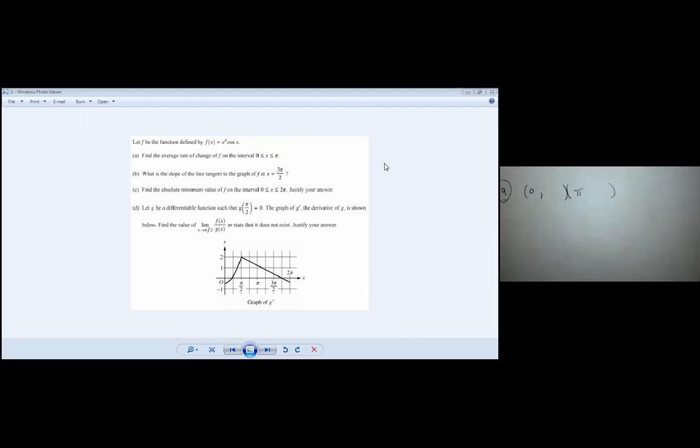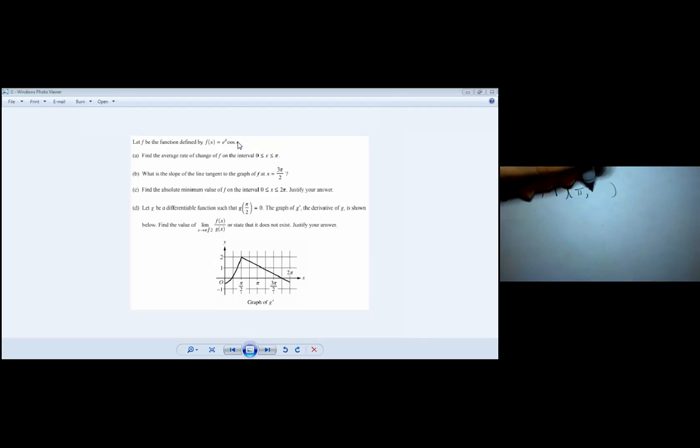So if you plug in 0 to the original, that's going to be e to the 0, which is 1, times cosine of 0, which is also 1, and 1 times 1 is 1. Next, for pi, that's going to be e to the pi, and cosine of pi is negative 1.